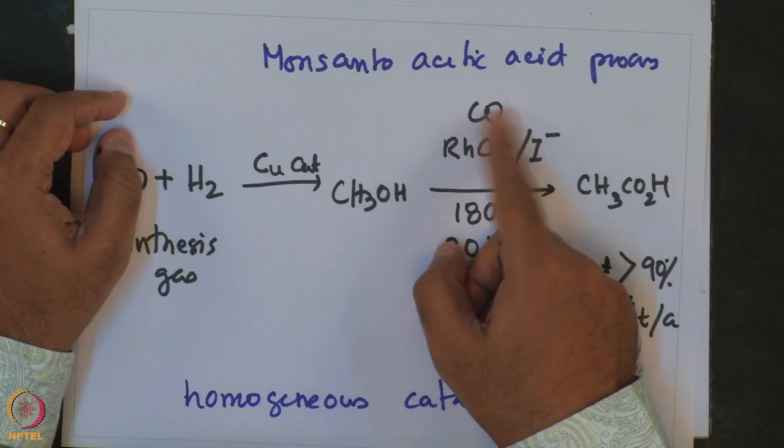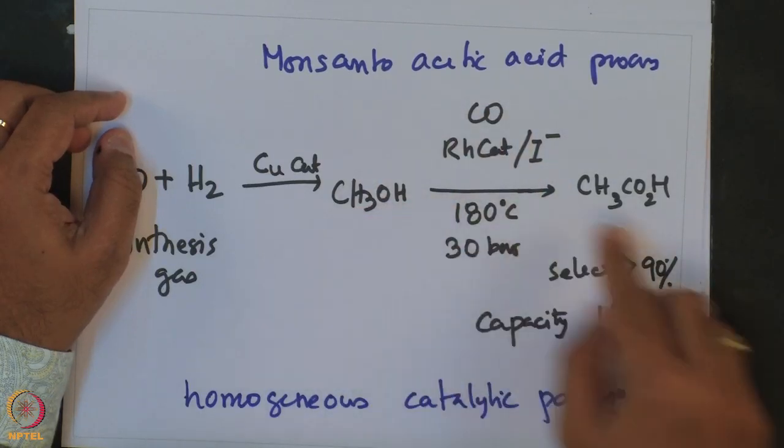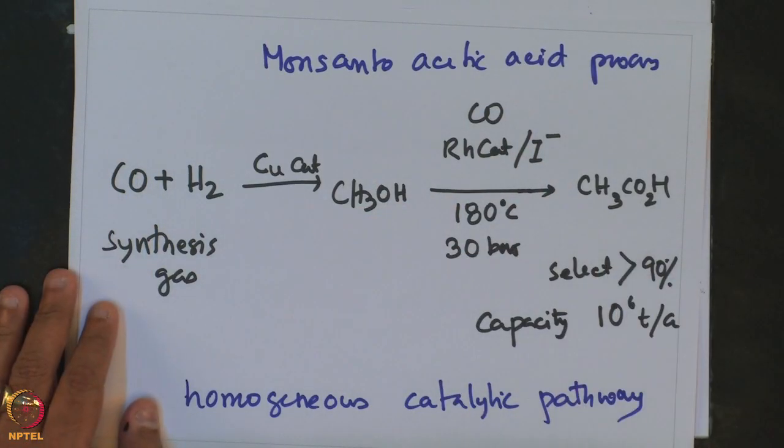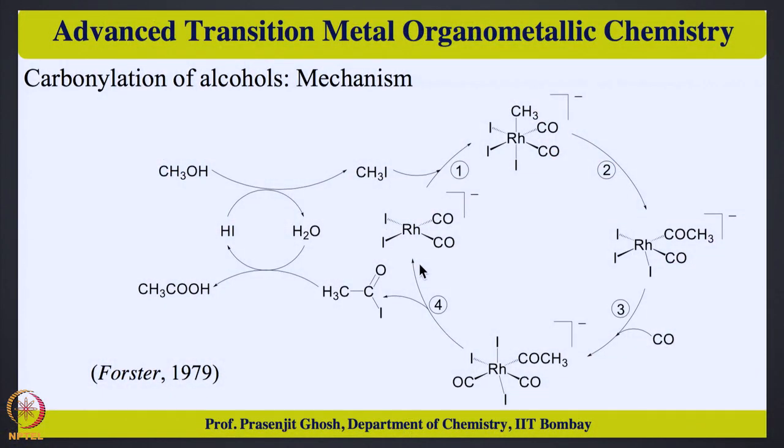And also this Monsanto acetic acid process can be named as carbonylation of methanol. So, that means CO inserts into methanol to give acetic acid. So, with that let me just look at the mechanism for this Monsanto acetic acid process.